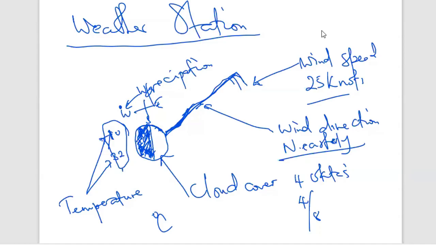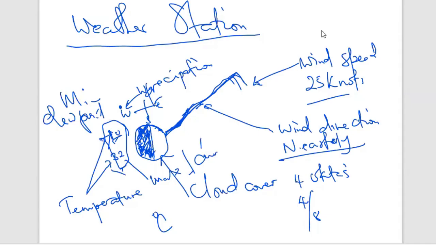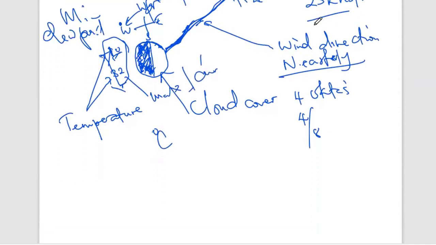So given these two figures, 10 and 32, 10 definitely means that is the dew point temperature or the minimum temperature for that station. And the bigger number represents the maximum temperature or the air temperature for that matter. So if the question is asking for the maximum temperature and minimum temperature or dew point, for this instance, our dew point temperature is 10 degrees Celsius.